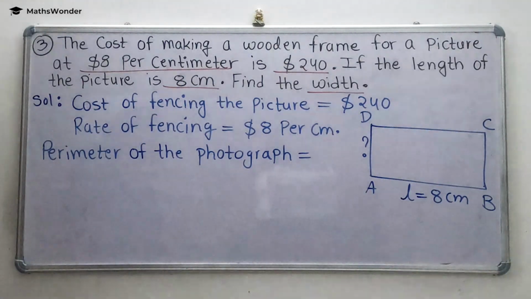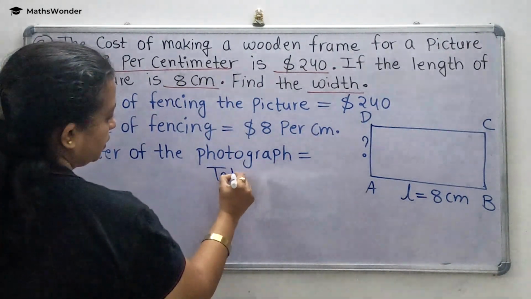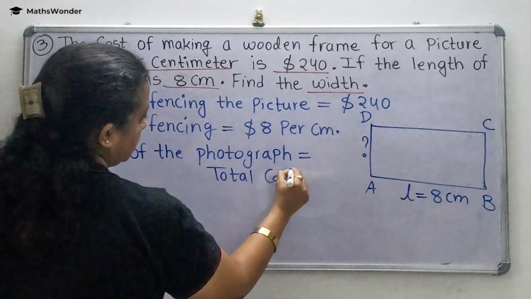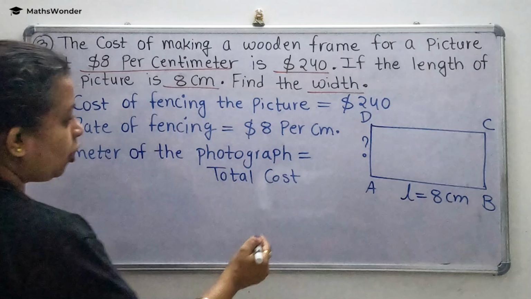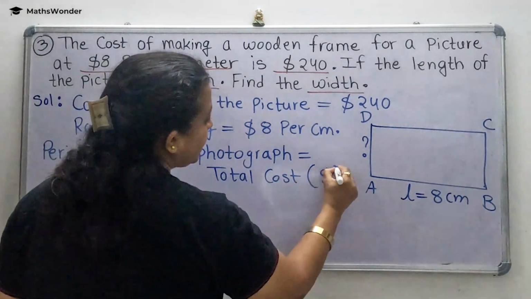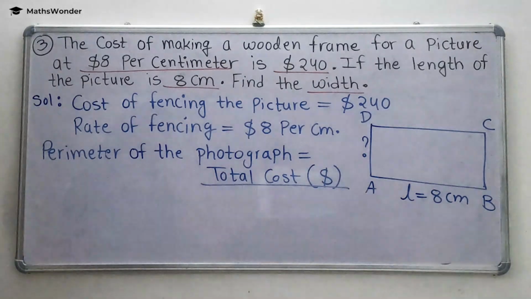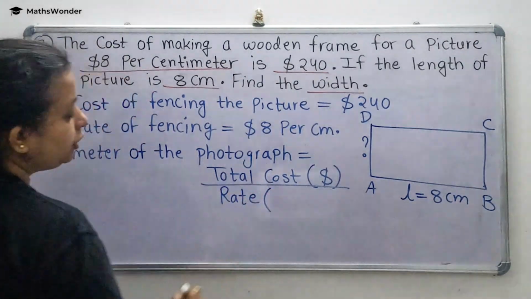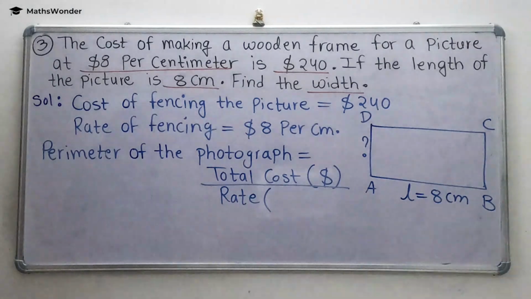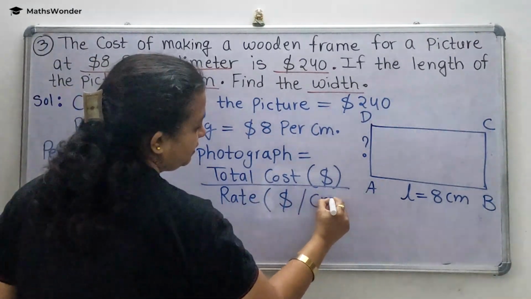So for finding the perimeter of the photograph, the formula is total cost, whatever is given in the question, in dollars, in rupees, in any currency, over the rate per centimeter.